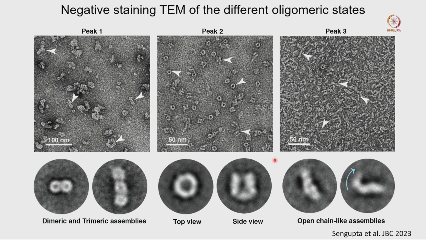Last class I already discussed that when we are purifying a sample, based on the different SEC peaks we get different kinds of oligomers.